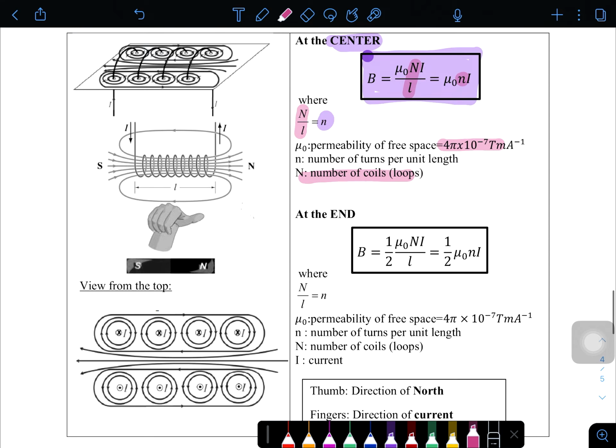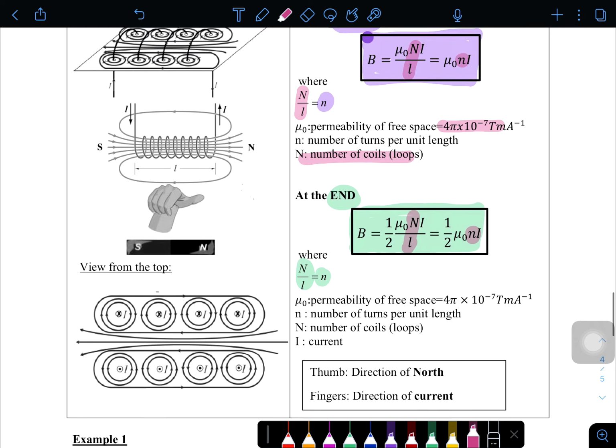Okay, kalau soalan kata at the end of the solenoid, so kalau at the end, formulanya akan jadi B equals to half mu naught Ni over L, dan sama juga N over L ialah n kecil. Right.